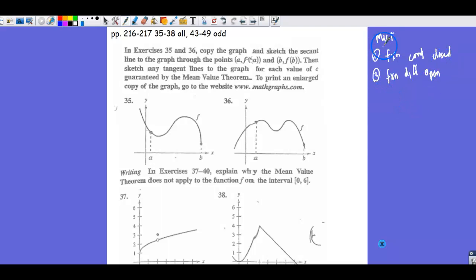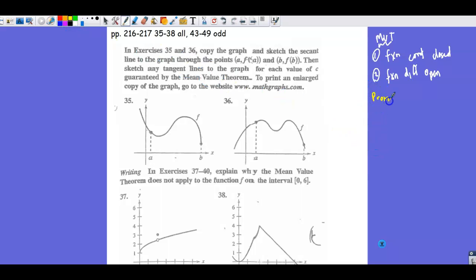The only difference here, though, is for the mean value theorem, the endpoints do not have to have the same y value. So mean value is a little bit different from Rolle's theorem. I will tell you this, however, wherever you can apply Rolle's theorem, you can apply the mean value theorem. The important part of the mean value theorem is understanding the promise.